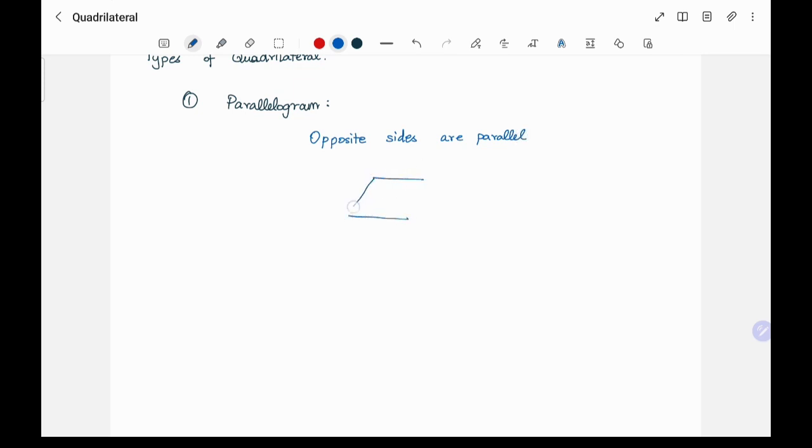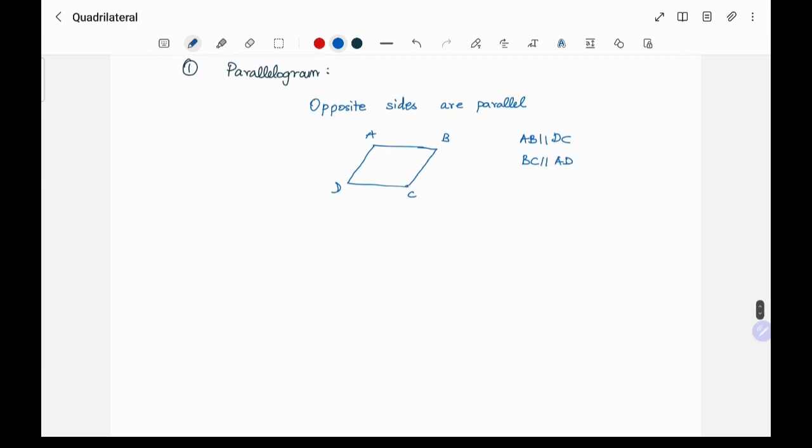AB is parallel to CD, or let's say DC, to indicate same direction, and BC is parallel to AD. By virtue of this parallelness, we also have AB equal to CD and AD equal to BC. So the opposite sides are also equal.